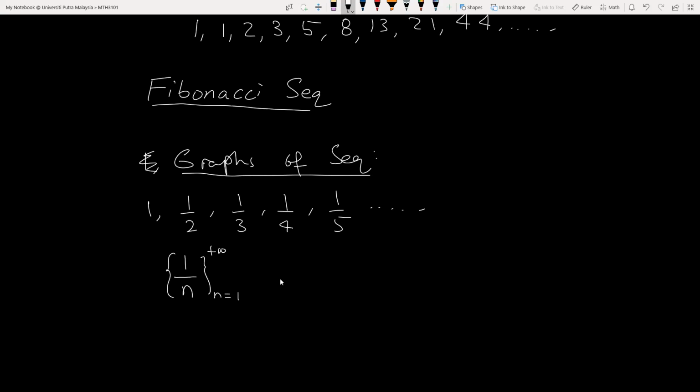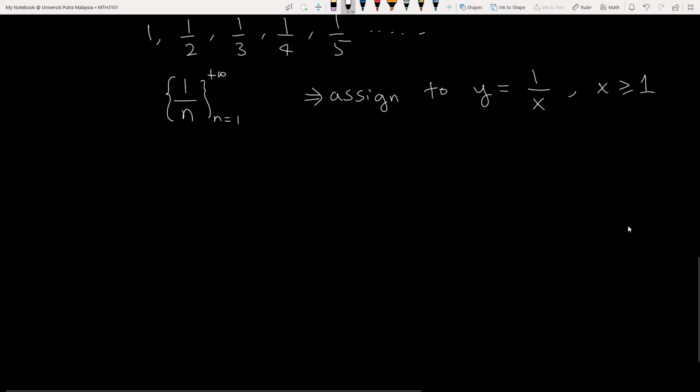So if I reassign, I assign y equals to 1 over x, such that my domain is x is bigger or equals to 1. Okay, so kalau saya graphkan, if I graph this, it will look something like this.